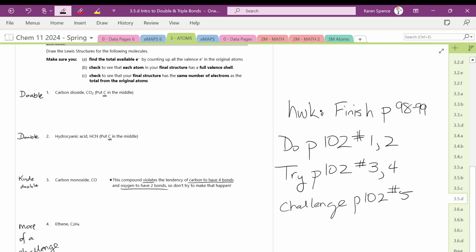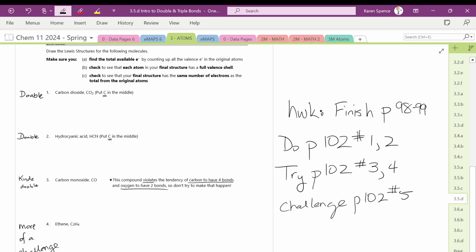And then you look and you say, how many electrons does oxygen have? 2, 4, 6, 8. How many does carbon have attached to it? 2 in each bond. 2 in this bond. 4, 6, 8.